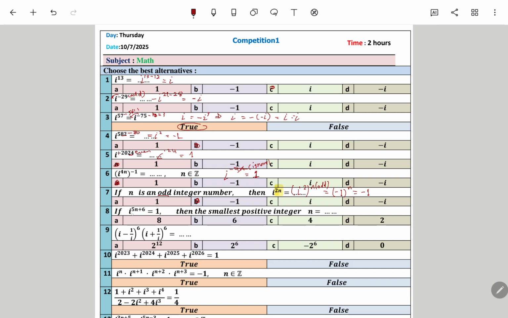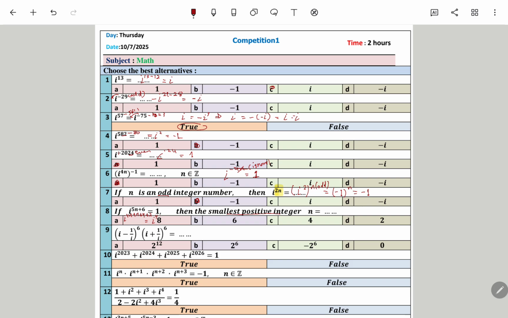In 8, i to the power of 5n plus 6 equals 1. You can split it to be i to the power of 4n plus n plus 4 plus 2. And that all equals i to the power of 4. And this i to the power of 4, the smallest positive integer number, will give you 1.